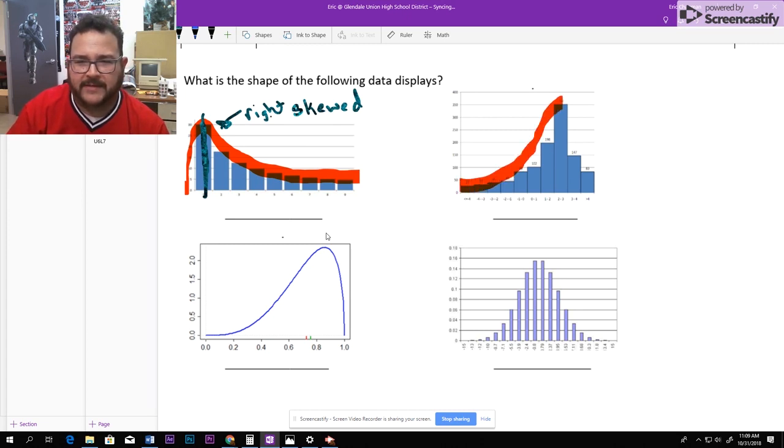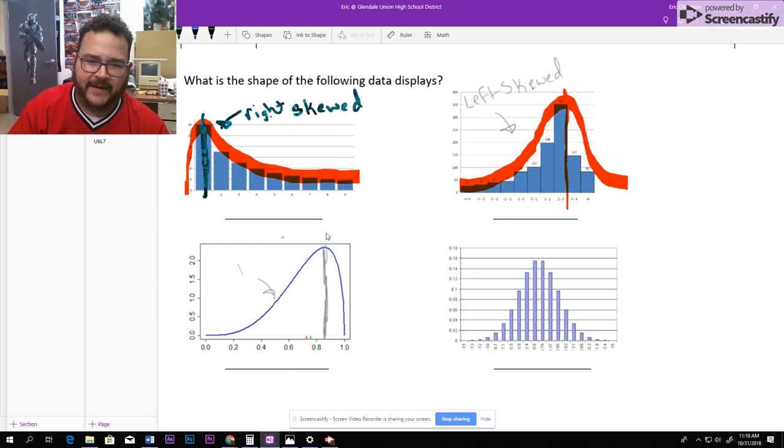It peaks and then comes back down. We draw a line down the middle, and our tail is longer on the left, so this is left skewed. And this one, here's our peak, draw a line down the middle, and our tail is on the left-hand side. There's a left and there's a right, and the longer tail is on the left, so it's left skewed.